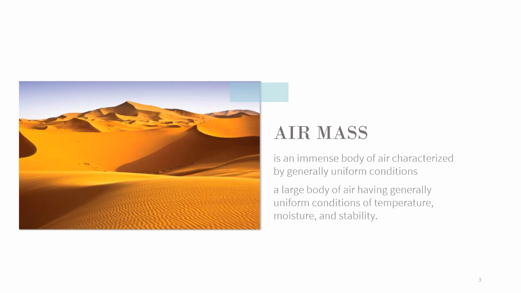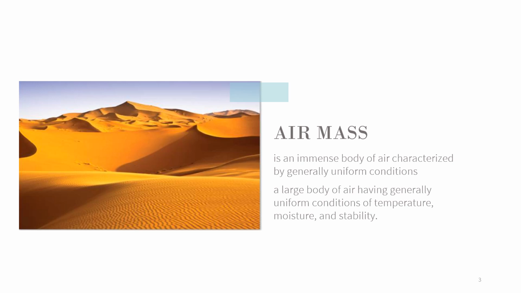So in particular, the temperature characteristics, moisture content, and the stability across the horizontal extent of an air mass are similar. That means when the air mass goes out of its region of origin, it carries its temperature and moisture conditions elsewhere, so eventually affecting a larger area.